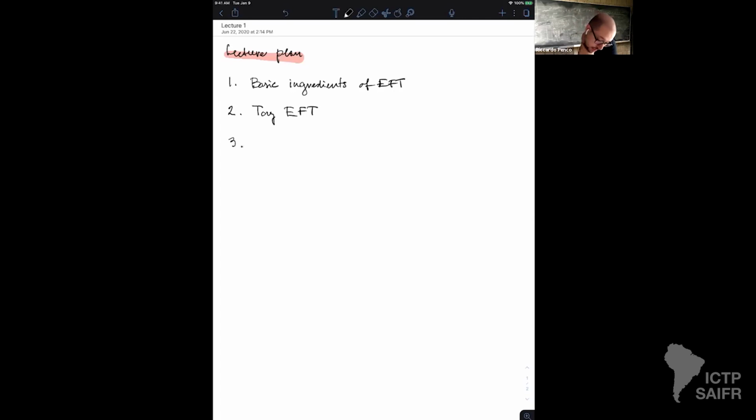In the third part, I will discuss a class of effective theories that actually are closer to what we see in nature, although not quite at the LHC, and these are effective field theories for Nambu-Goldstone bosons.